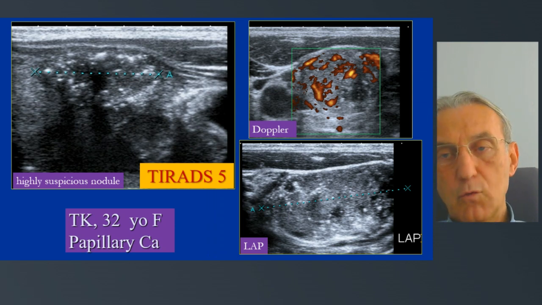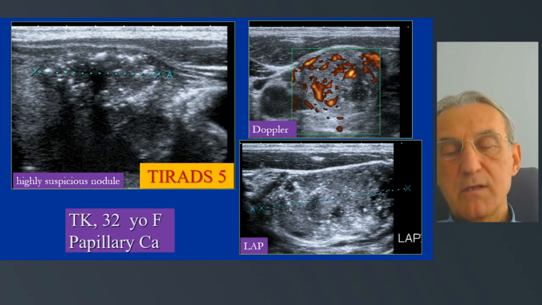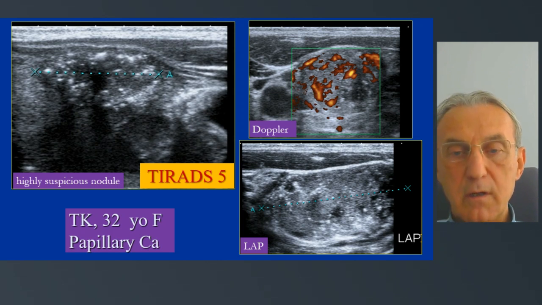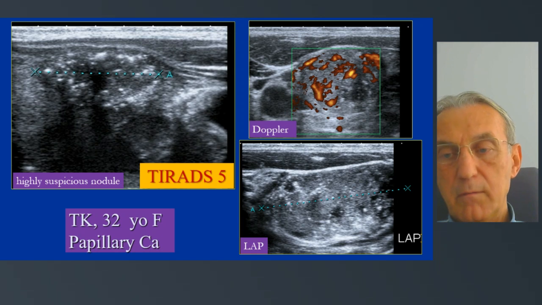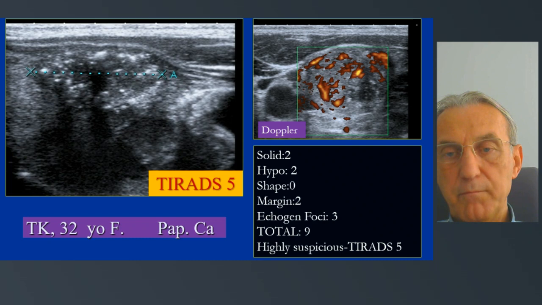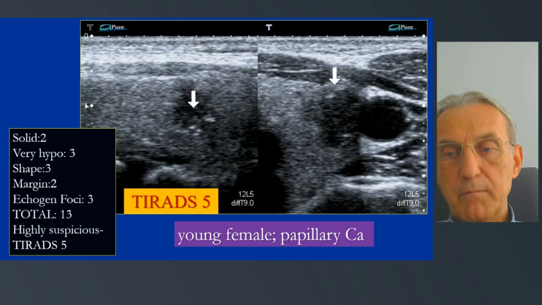This is quite a typical thyroid 5, multiple microcalcifications, irregular borders, and it is a papillary cancer in a young patient again. This is also quite typical.